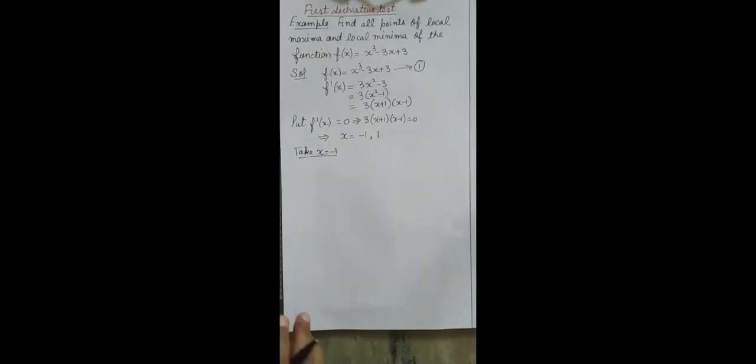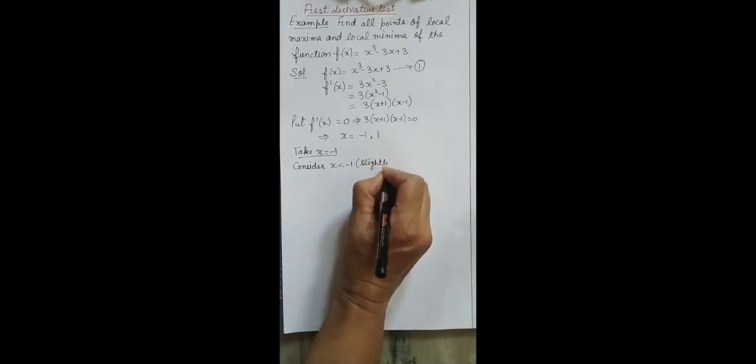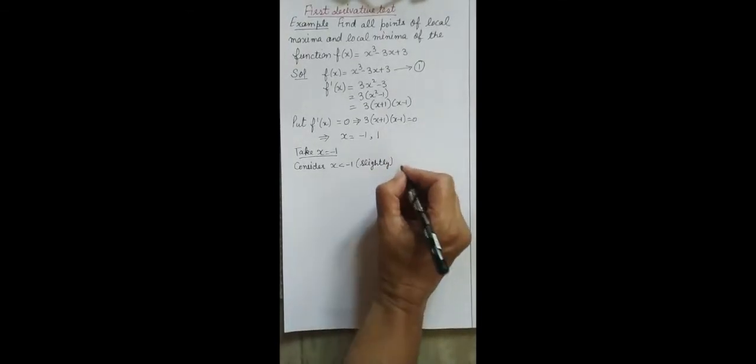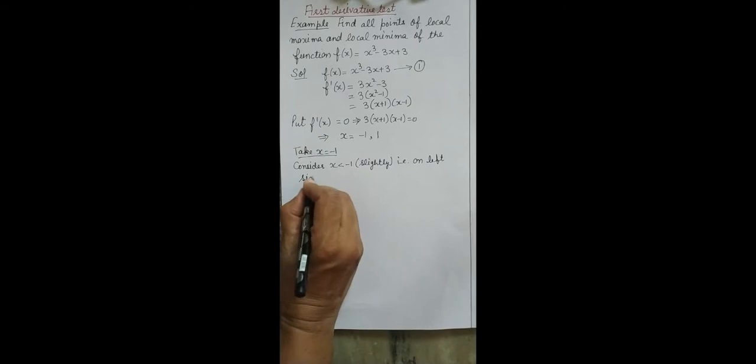So take x = −1. Now consider x less than −1 slightly. That is, we will consider the value of x on the left side of −1.